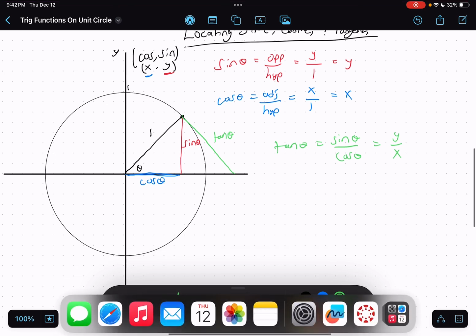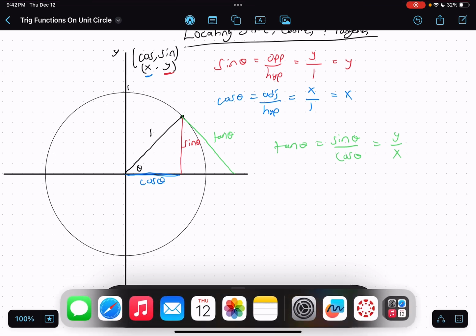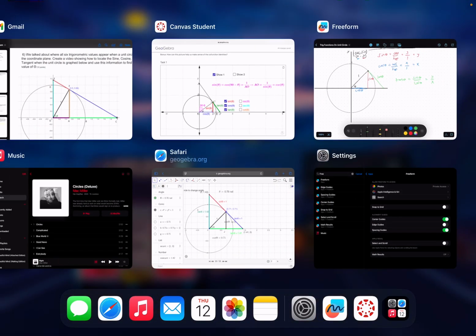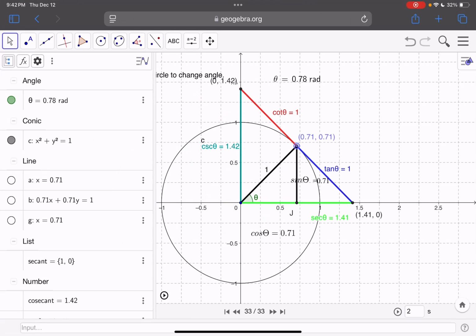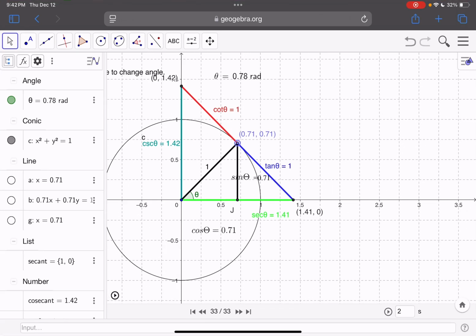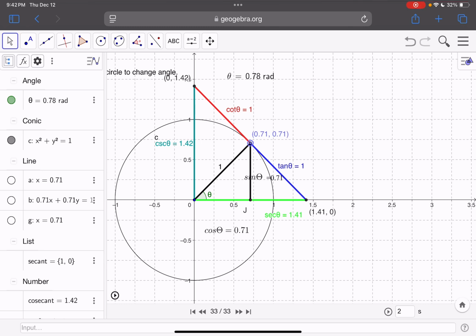But I want to talk about theta for a second, and I also want to show some applications of tangent. So I'll go to GeoGebra, and here's a little applet that I think can help create a visual. Here it tells us theta.